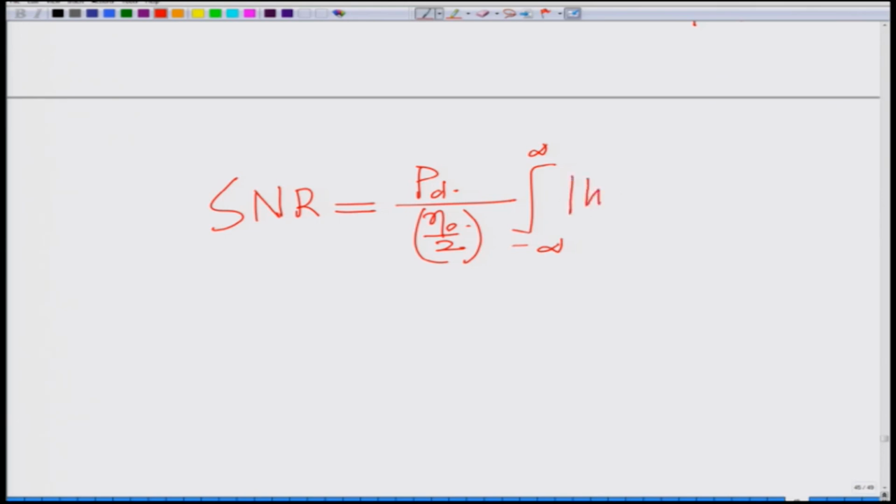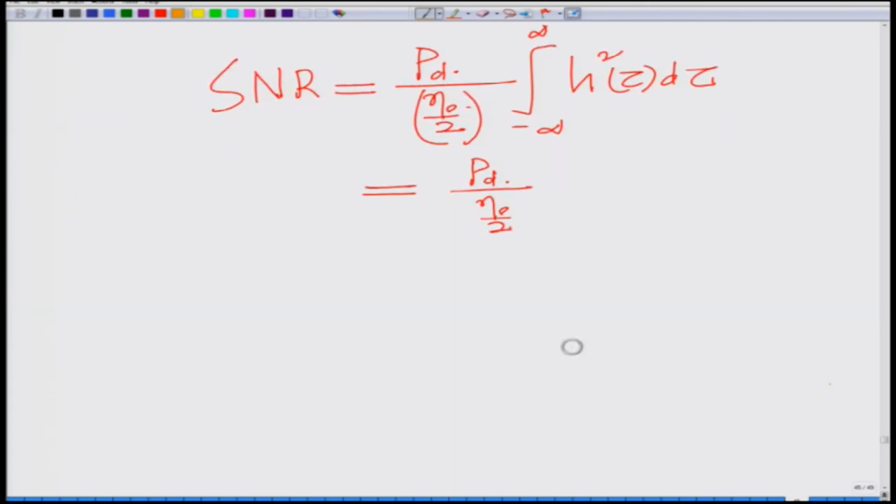Even for a complex filter, although we will not consider it, to avoid any confusion, let us simply consider a real filter, h square tau d tau.